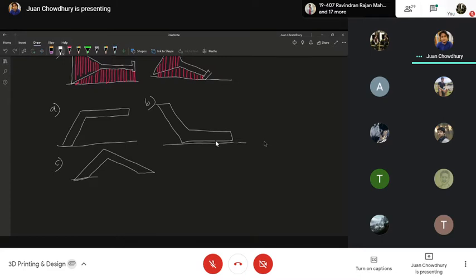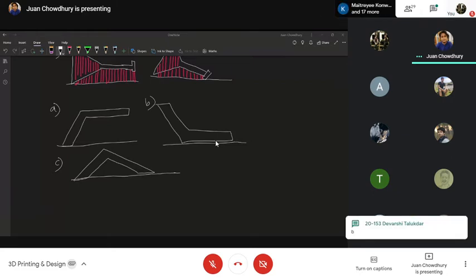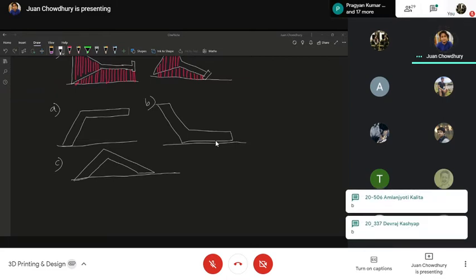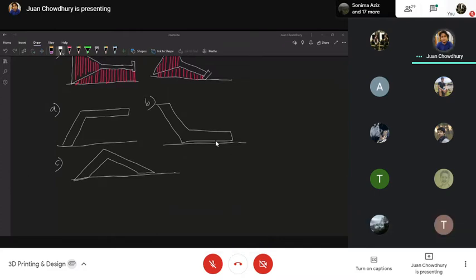Among A, B, C, which one do you consider will be the most optimum orientation for printing? B. Okay. B. Right.